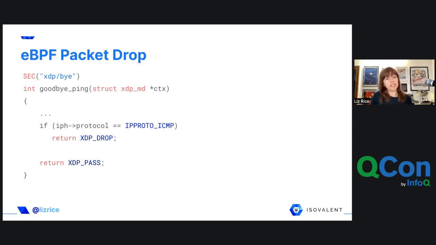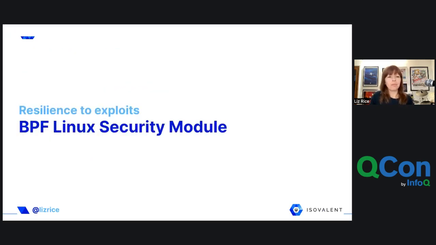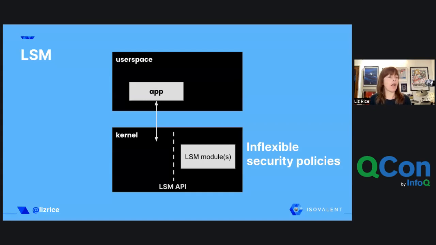So I was illustrating that as a kind of an illustration of how handling packet of death scenarios would work. We can be resilient to a number of other different exploits using BPF Linux security modules. So you may have come across Linux security modules such as AppArmor or SE Linux.